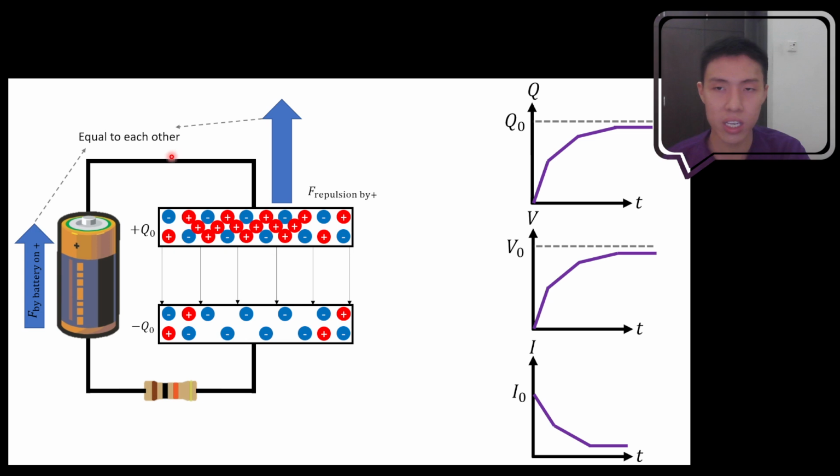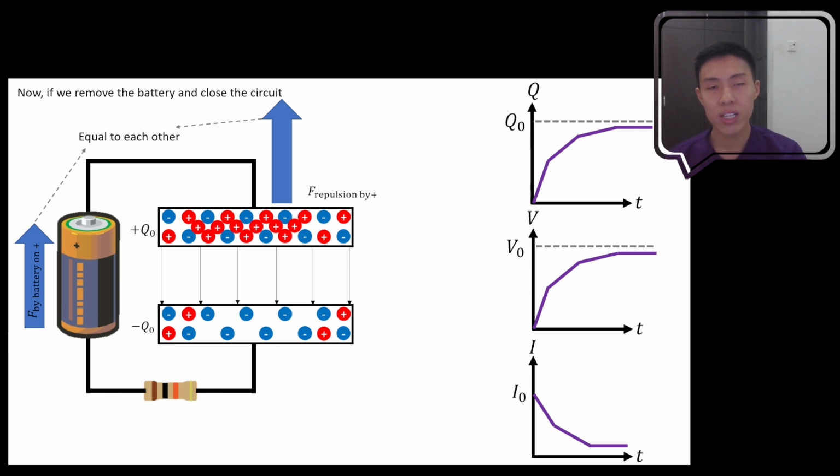When the force in and the force out are equal to each other, then the charge can no longer be going in or going out. So you can say that the charge stored in the capacitor has come to its maximum. You can no longer put in any more charges. So you reach Q0 at the end of the charging process, which will happen at infinity.